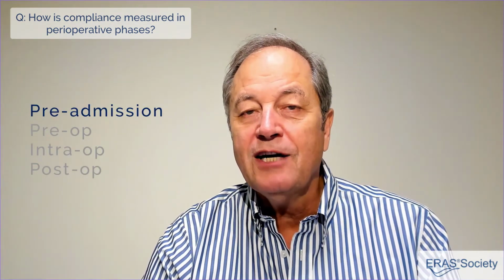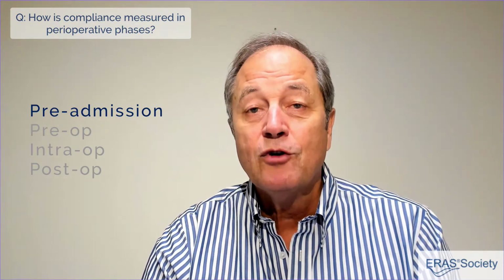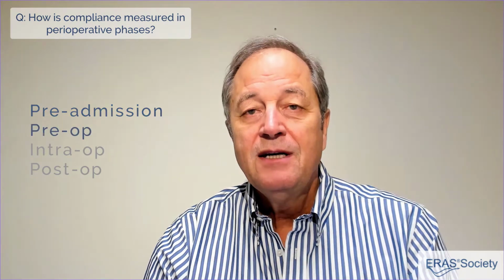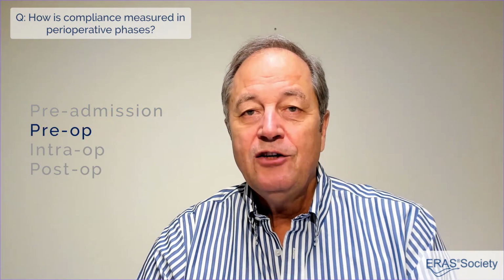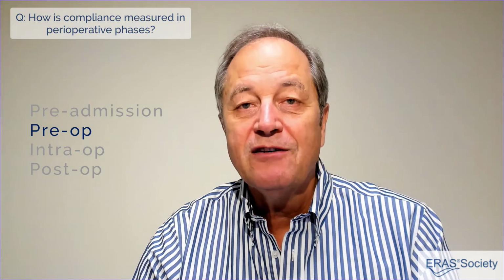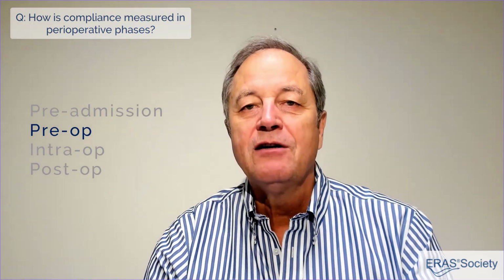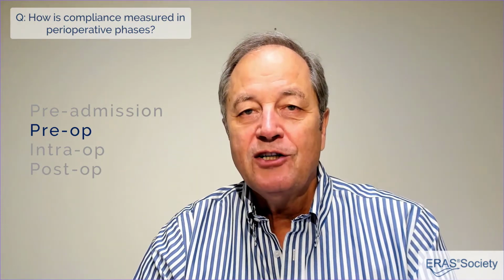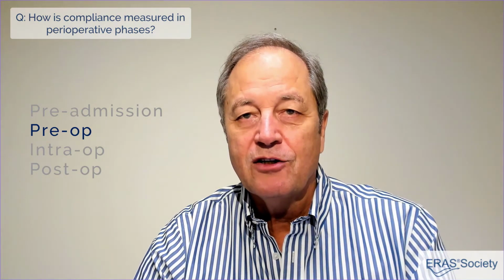In the pre-admission phase, it will tell you whether you are actually optimizing the patient to the best extent possible before they enter the surgery. In the preoperative phase, you are actually managing the patient to be absolutely fit for surgery. In the immediate preoperative phase, for instance, you are managing their metabolism, or you're managing their fluid balance, making sure that they are in the best possible condition for the stress that they're about to undergo.